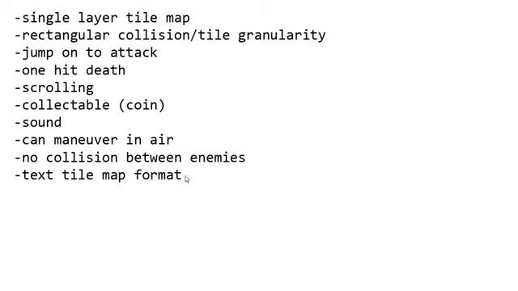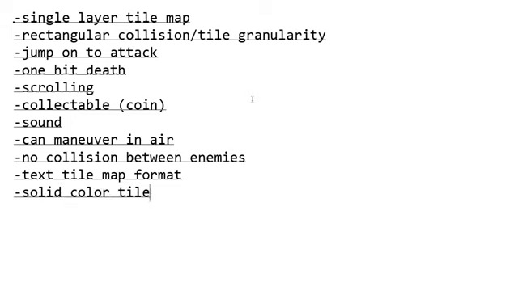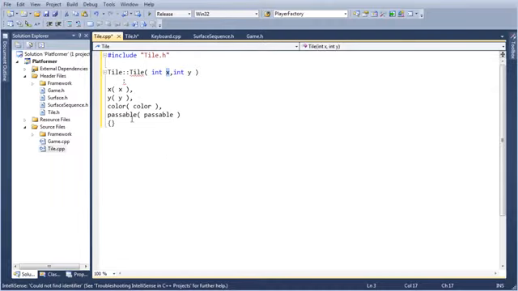Okay, now you're pissing me off. I said go away. Oh, there we go. Solid color tiles. I'm not going to worry about bitmaps for the tiles. The tiles are just going to be solid colors.